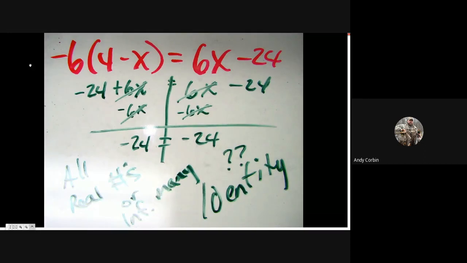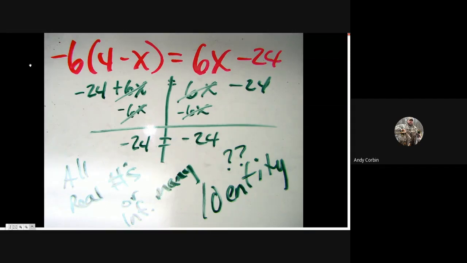But it's called an identity, and that means you can plug in anything for x and it's going to make it true.